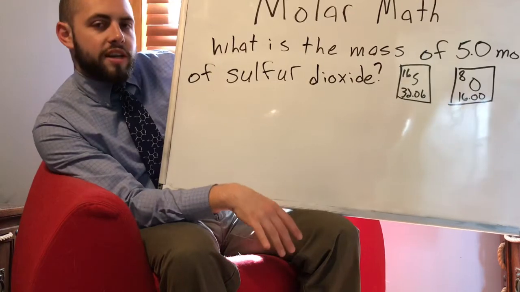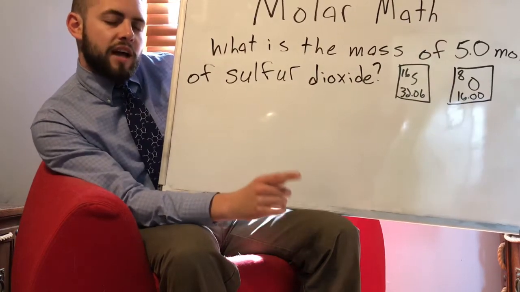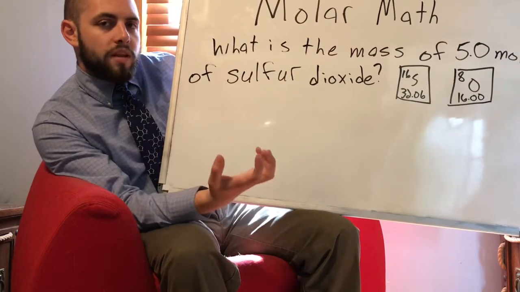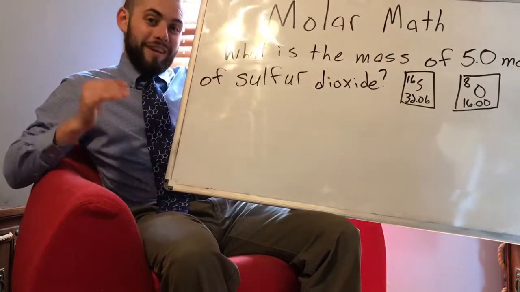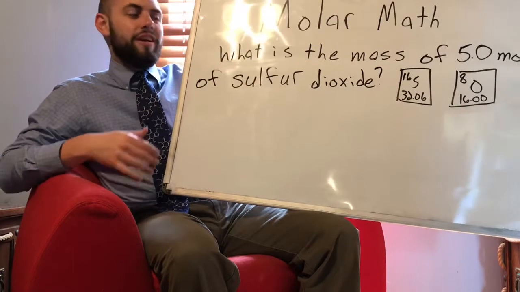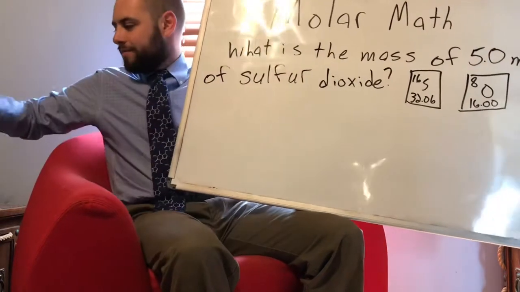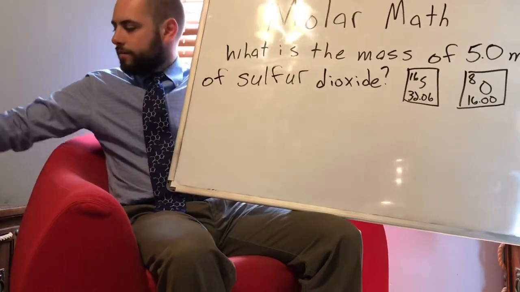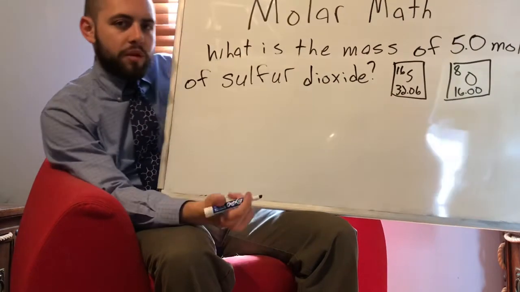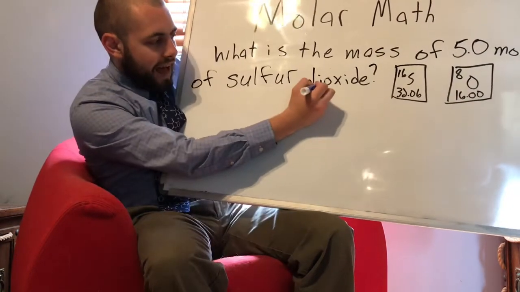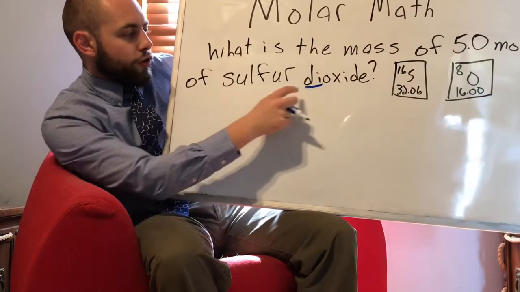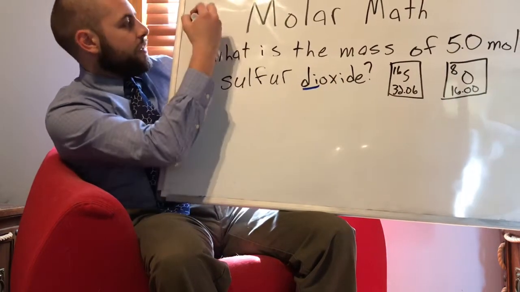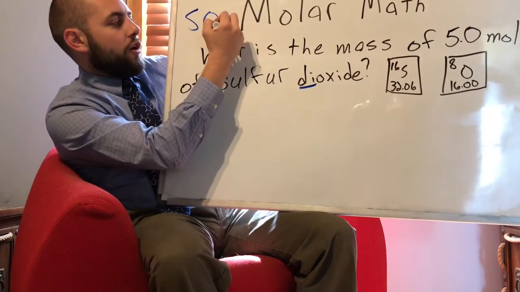So I'm not just looking at an individual element this time in its elemental form. I'm looking at a compound, sulfur dioxide. We're going to have to do our nomenclature to figure out what is the formula of sulfur dioxide. It's got that Greek prefix in there, di, and that's going to help me out. Sulfur dioxide is going to be SO2.